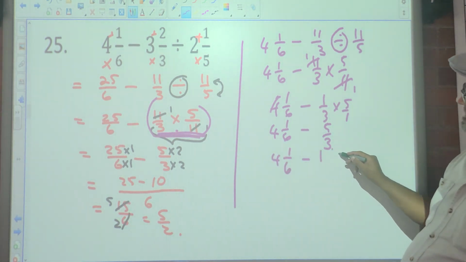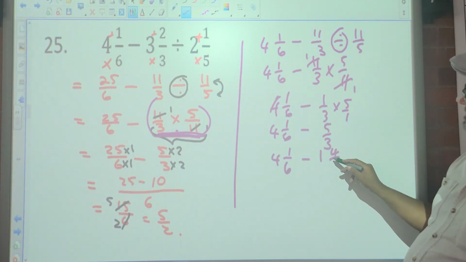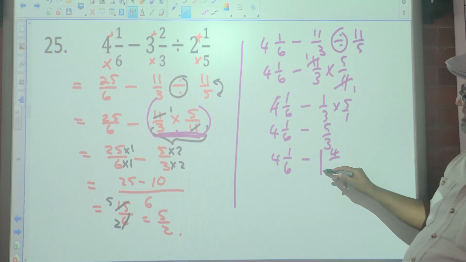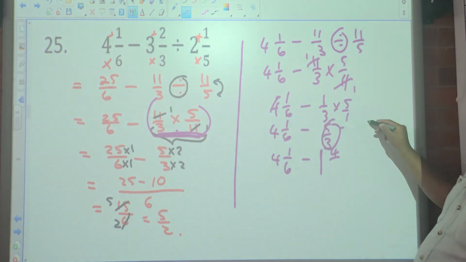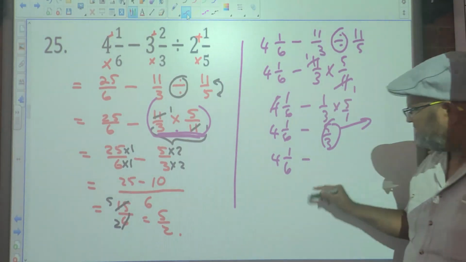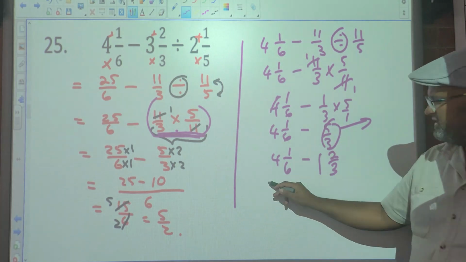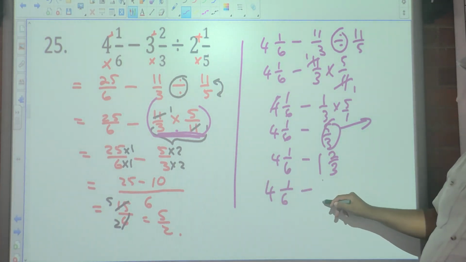And then I said open bracket 3 over 6, 1 and 4 over 6. So first you converted that to 1 and 2/3. That's the first step you have to do. Then you got 1 minus 1 and 4 over 6.